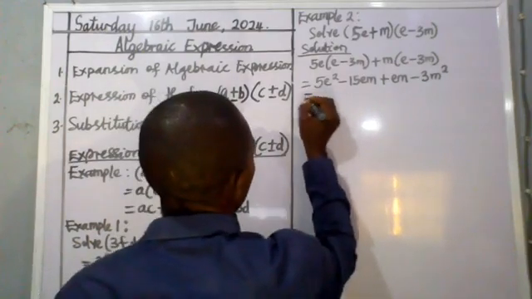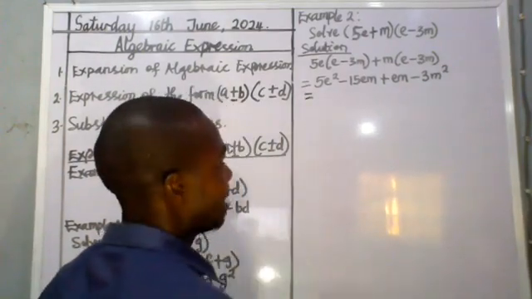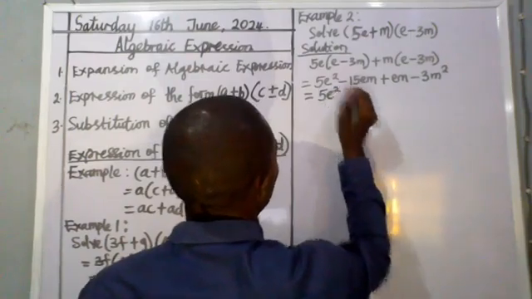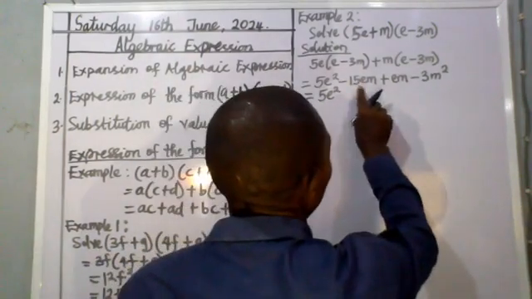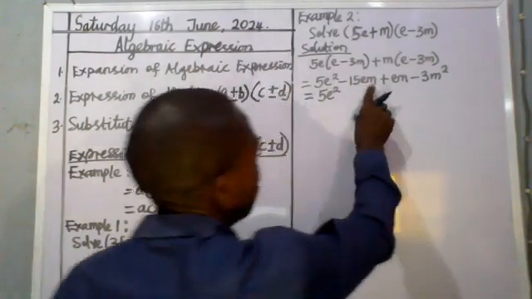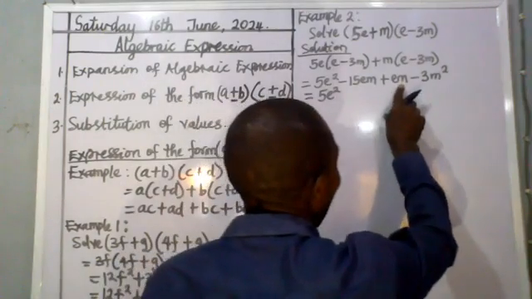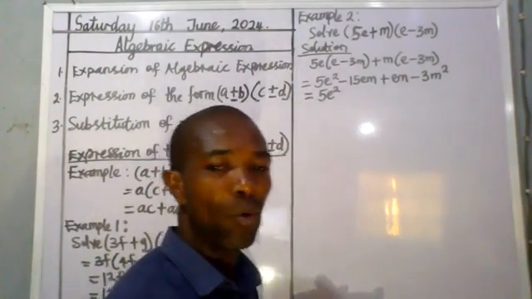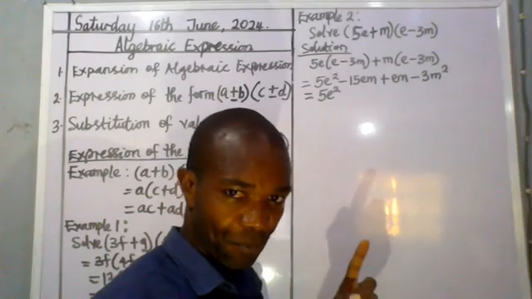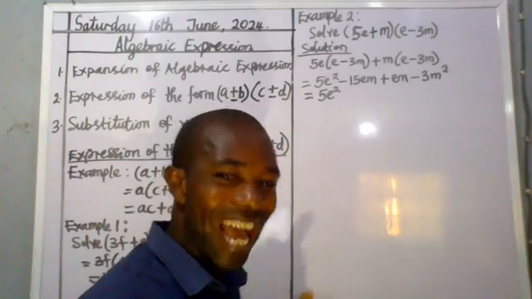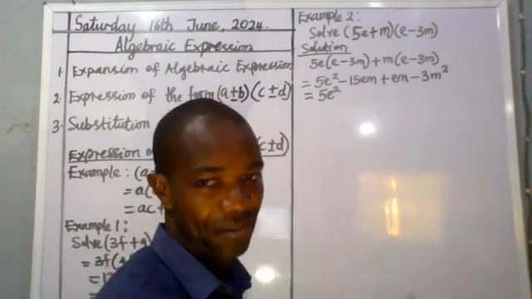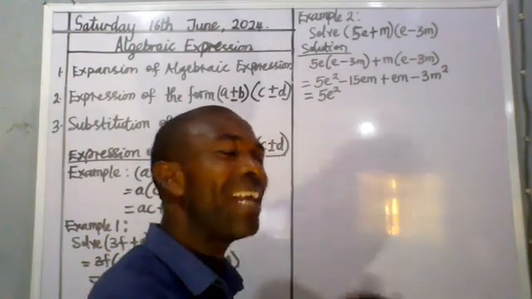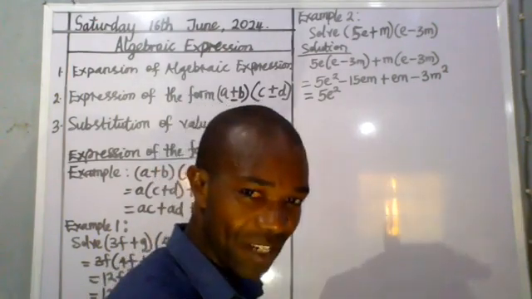Now to get the final answer, we write 5e raised to power 2 minus 15em plus em. It means that, say for example, I am owing 15 naira. I have 1 naira. So if I have 1 naira, I will pay out of my debt of 15 naira.